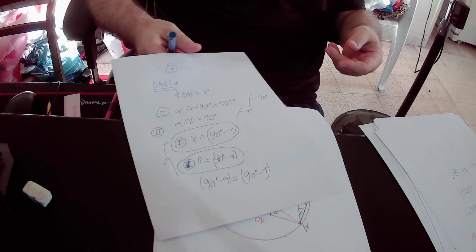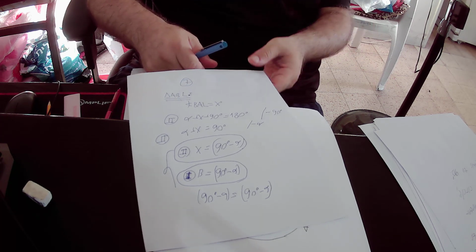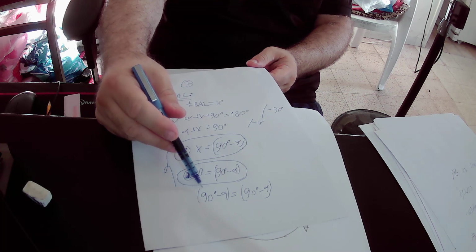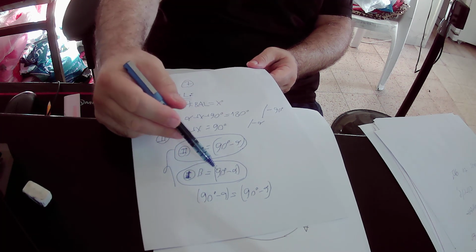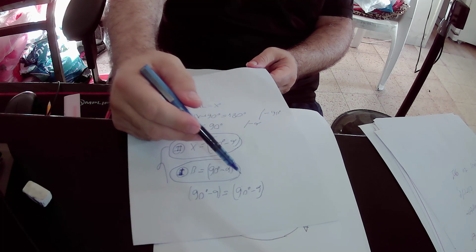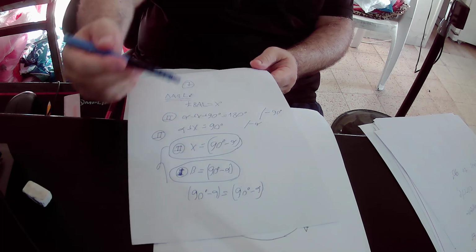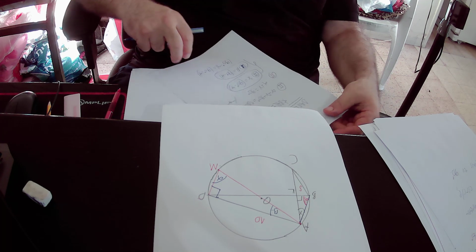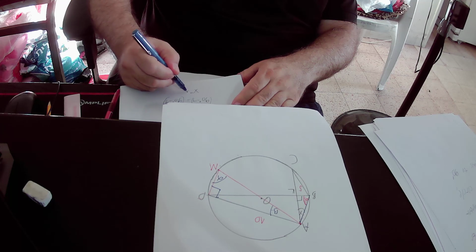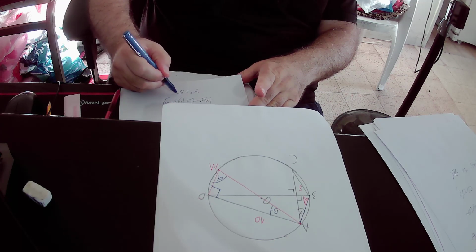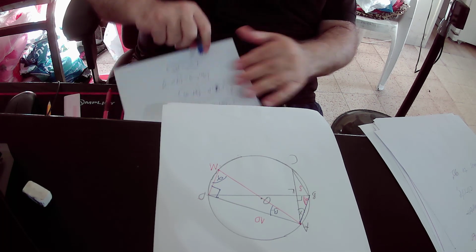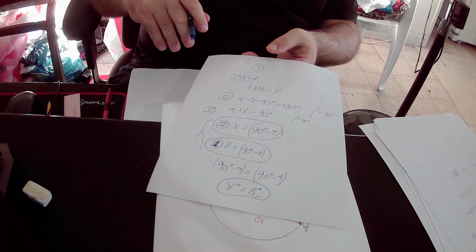Then we can substitute 90 degrees minus alpha by beta. Okay, so we will get that angle X equals angle beta.